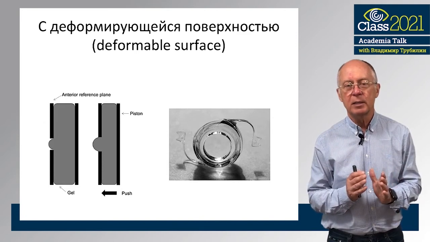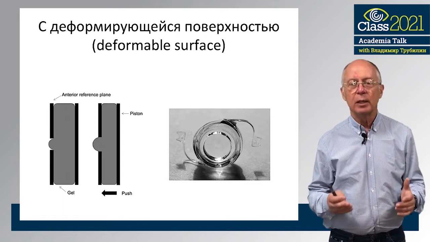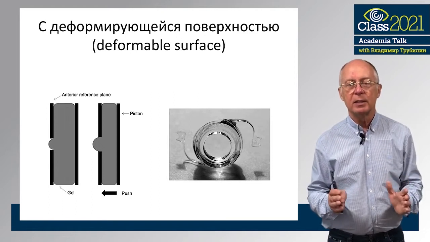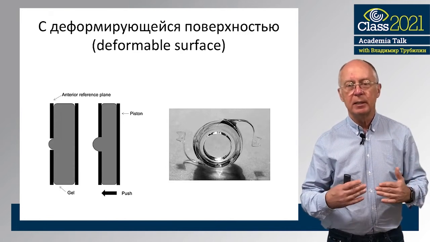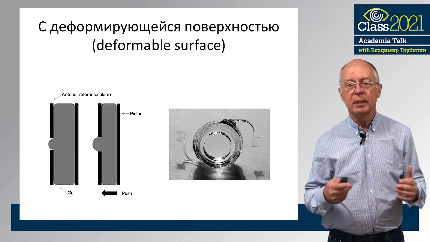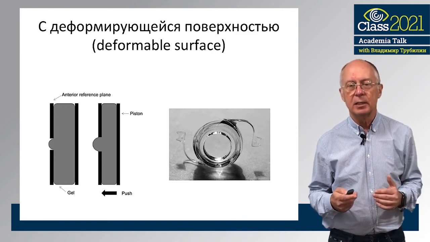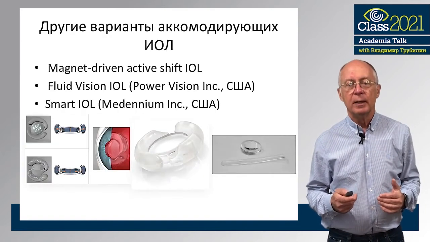And if there is a flexible or a fluid material in the lens, then due to its prominence and recursion into the previous position, the optics of the central part of the lens changes, which creates the necessary optical effect.